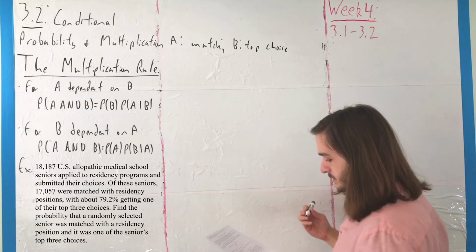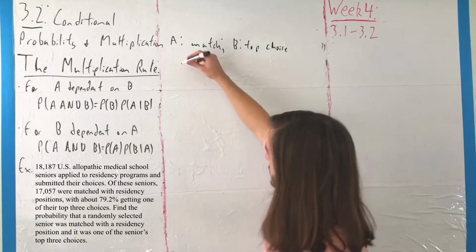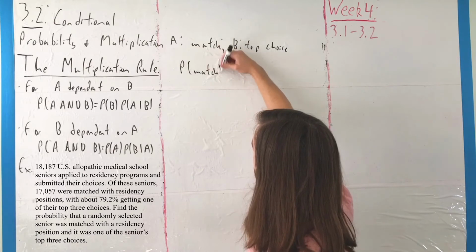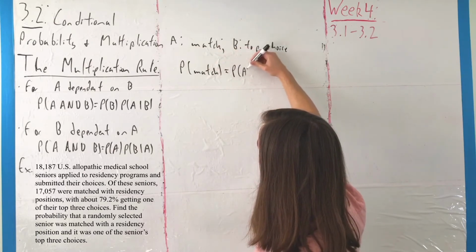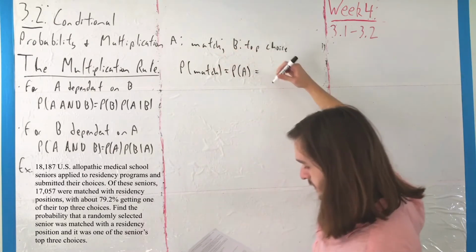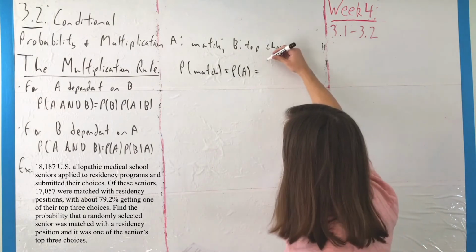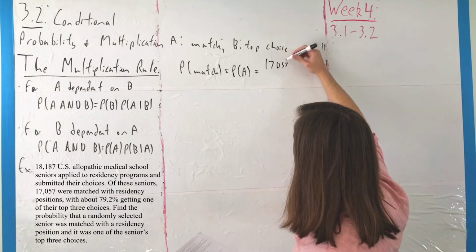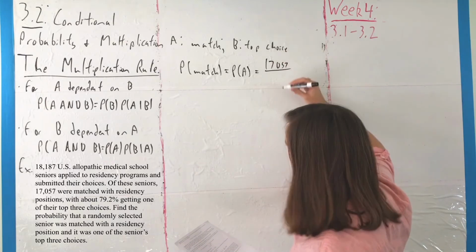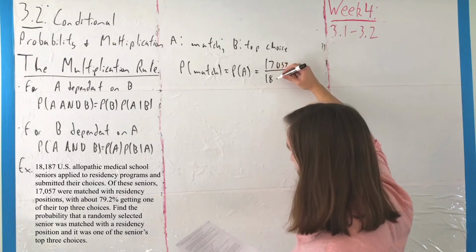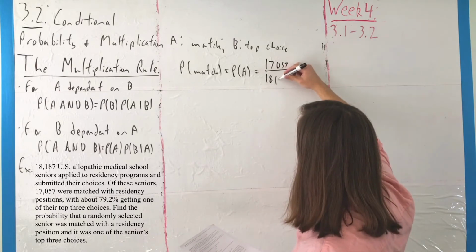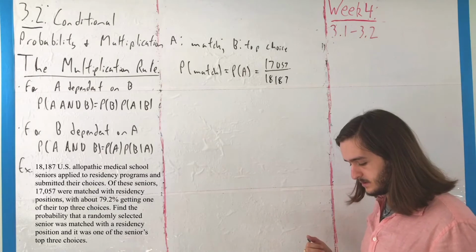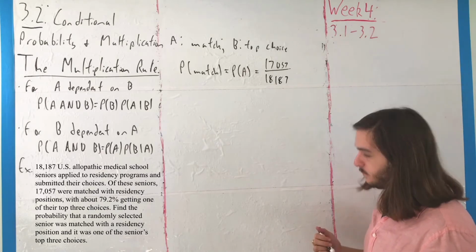So if we want to talk about the probability of getting a match, that's just the probability of A in this case, which here is the number of matches, 17,057, out of the 18,187 who applied.